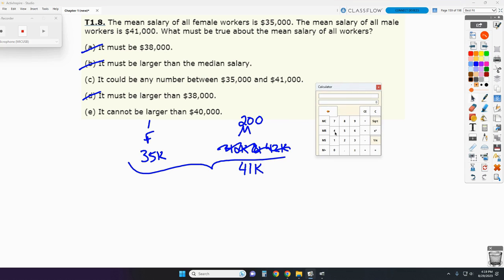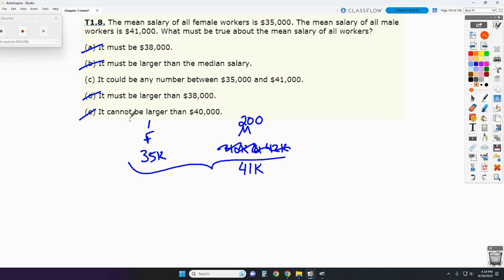If I had 41,000 times 200 male employees plus an extra $35,000 for that one female employee, divided by 201 total employees, the average is $40,970. That is larger than $40,000. So it can be larger than $40,000. Honestly, it could be any number between the female average and the male average. It just depends on how many females and how many males there are altogether.